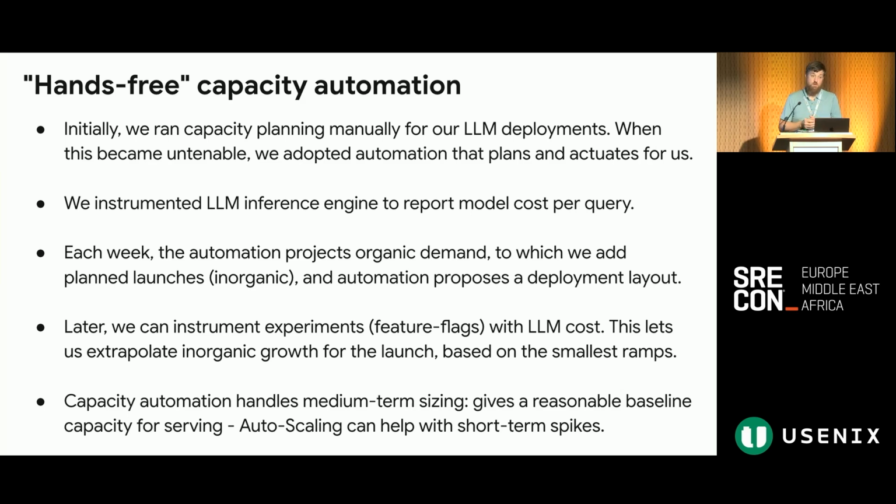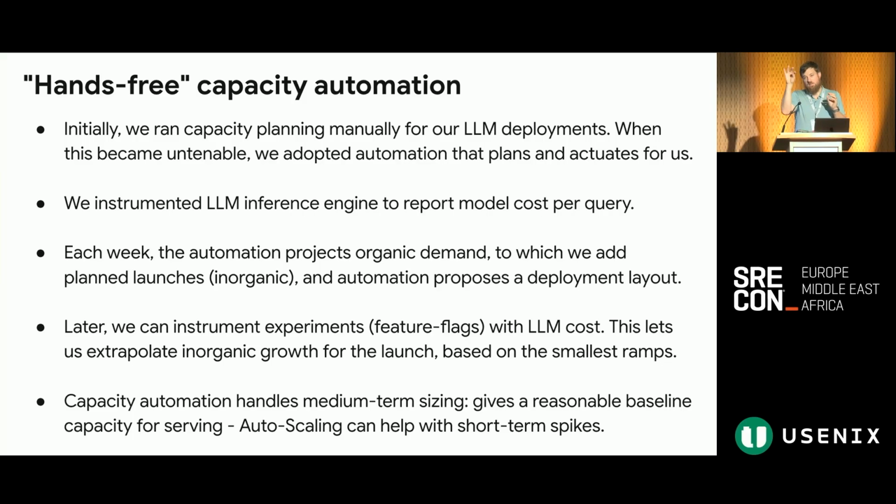We can even take this further and instrument what we call experiments, which are feature flags. You can watch as the feature is being turned on by the developers, to 1% or to the first small group of users, and you can see how much it is costing. And then you know that the next ramp is not going to be for another day or two.